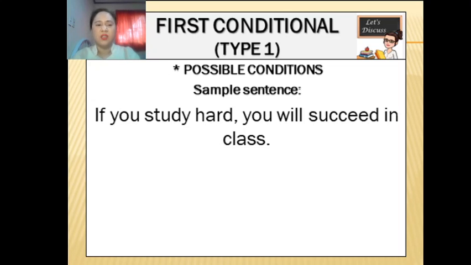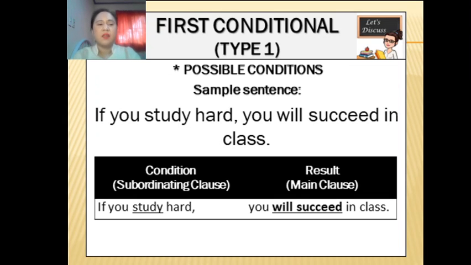In the subordinating clause, notice that the verb is in its simple present, and the result, which is the main clause, is in its simple future tense, which is will plus the verb.